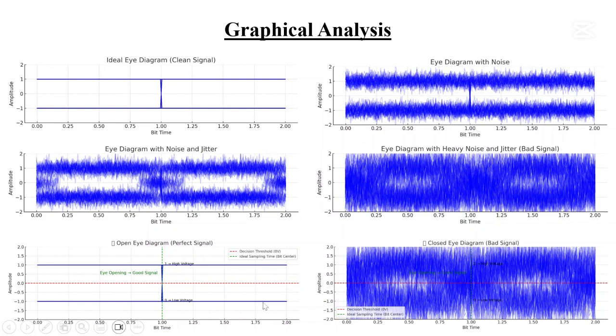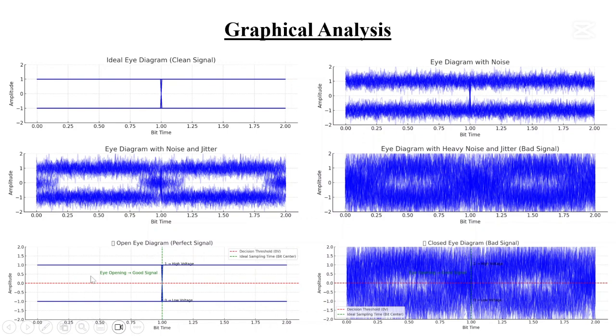This was the reference line. This line shows that we have high voltage, 1, and this line identifies low voltage, 0.